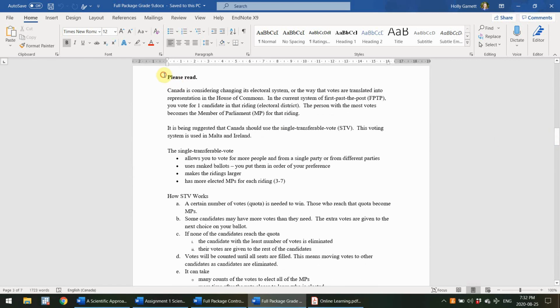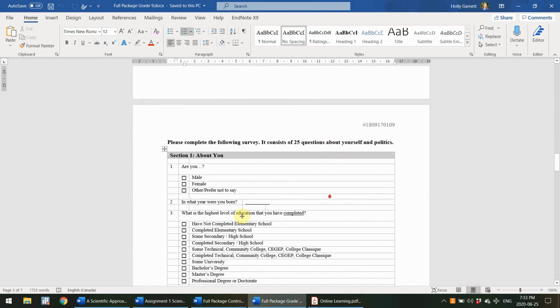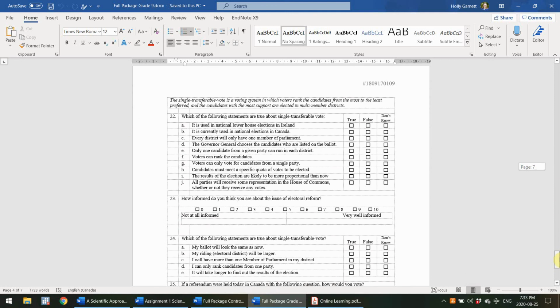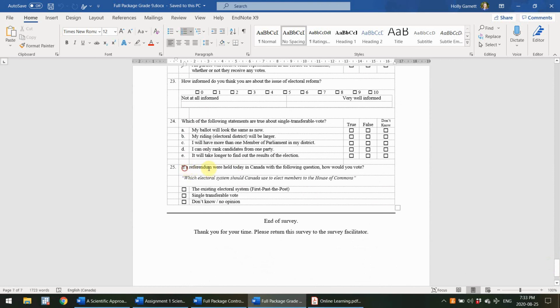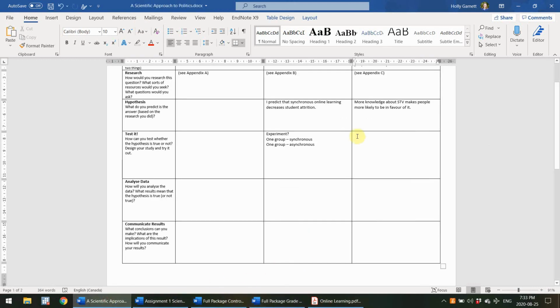And then they get a text about single transferable vote and how it works. Then they get the exact same survey with the exact same question at the end. If a referendum were held today, how would you vote? Okay, so that is how I went about testing it.